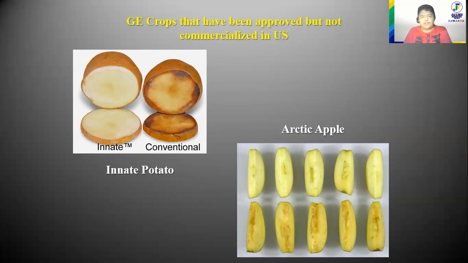Examples also for genetically engineered crops that have been approved but not commercialized in the United States. For example, the conventional potatoes versus the innate potato, which I mentioned earlier. They are resistant to blackening when you peel the potatoes. Also Arctic apples do not discolor when you slice them and expose them to the air.